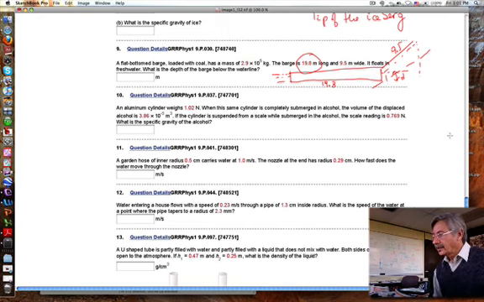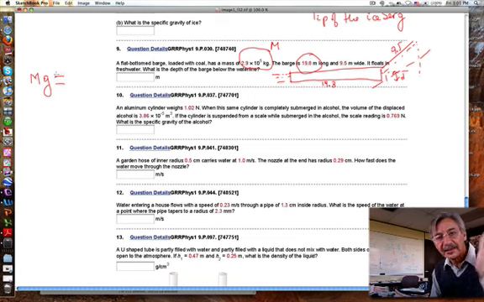So the mass M times G, that weight has to be equal to the weight of the displaced fluid.